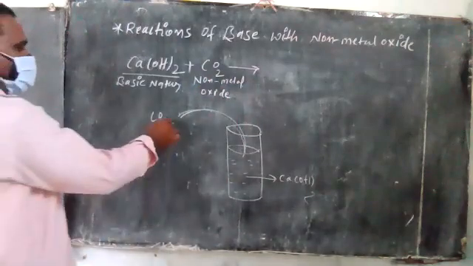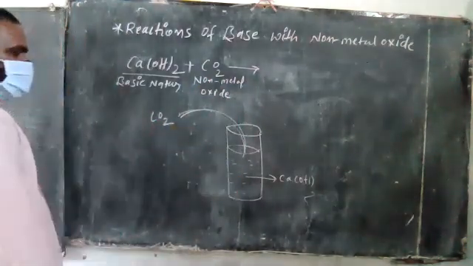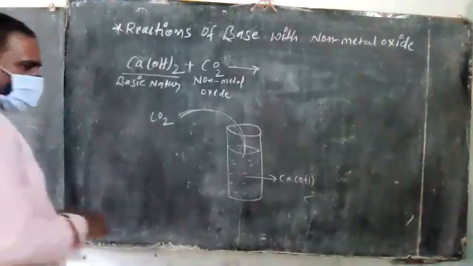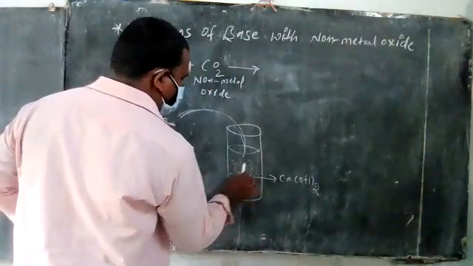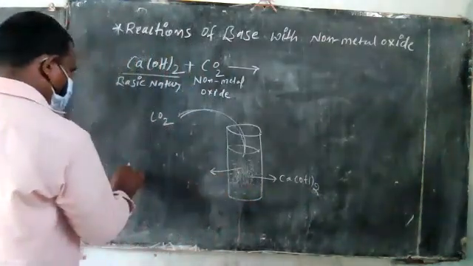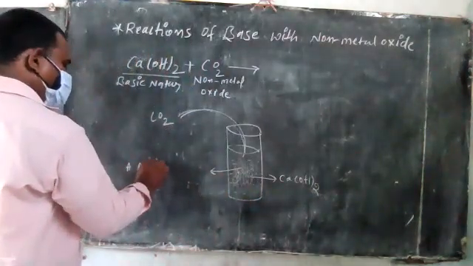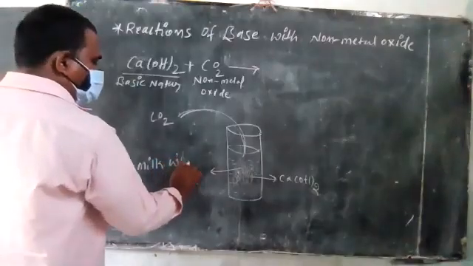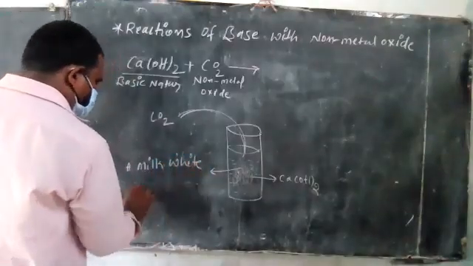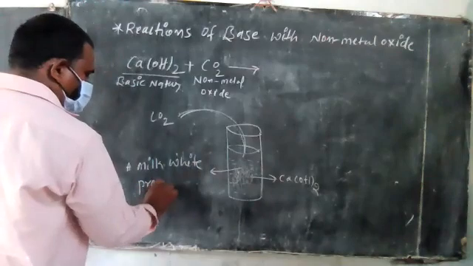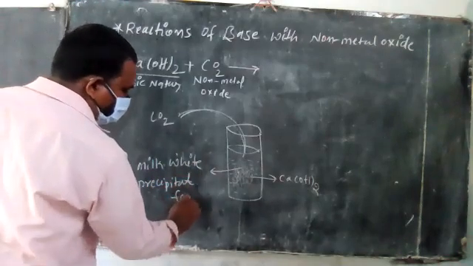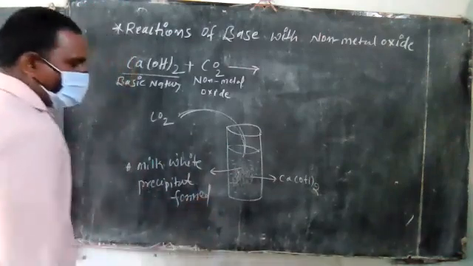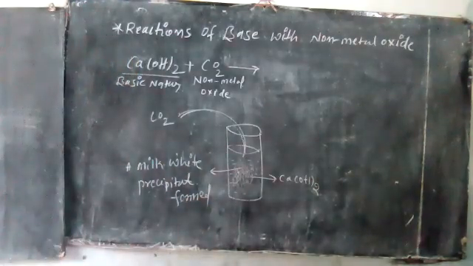Whenever carbon dioxide is passed into the lime water, slowly the lime water converts to a milky white precipitate. Milky white precipitate forming.